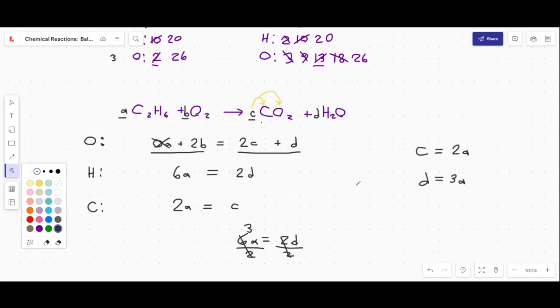And then I'll solve for B by substituting C and D into the first equation. Solve for what B is in terms of A. So 2B is equal to, using this equation here, 2C, where instead of C I'll plug in 2A, and instead of D I'm going to plug in 3A.